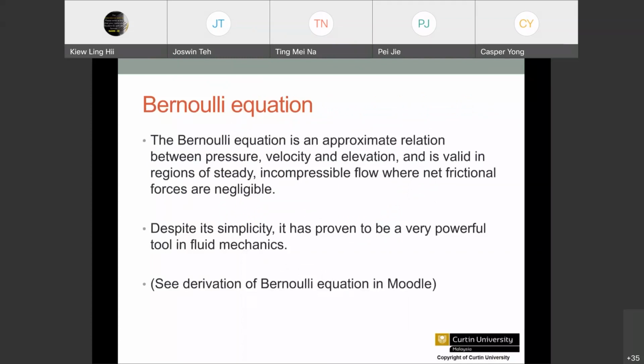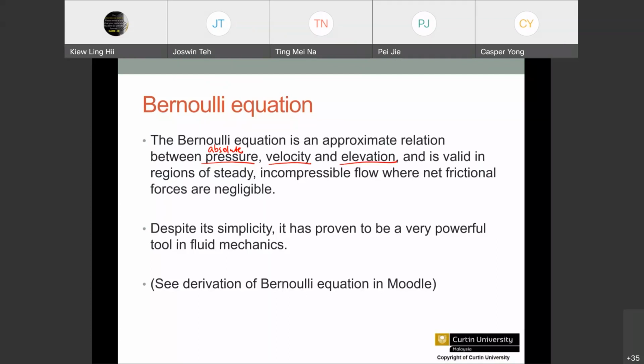So it actually takes into account the pressure of the fluids, which is the absolute pressure of the fluids at the point, the velocity of the fluids, and also the elevation, the position of the fluids. Because when the fluids are at different altitudes, there is different pressure. So it will actually affect the pressure of the fluids.